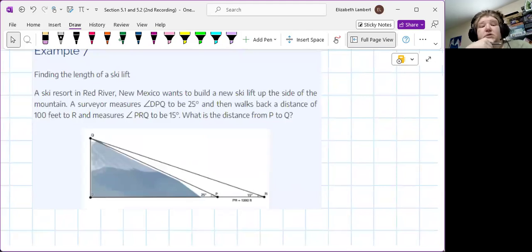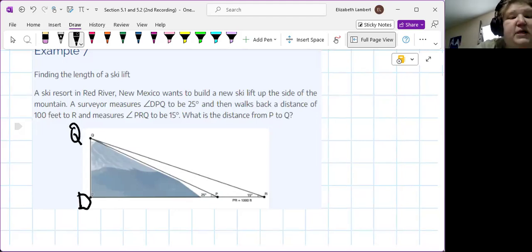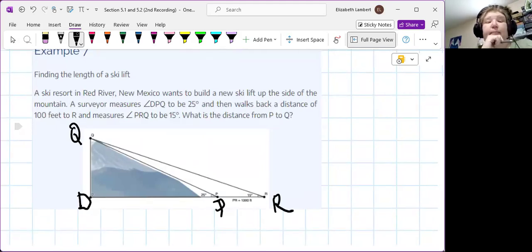All right. So a surveyor standing down here at the bottom measures. D is down here. So here, let me make the letters a little bigger. This is D. This is Q. This is P. This is R. So DPQ is 25 degrees.